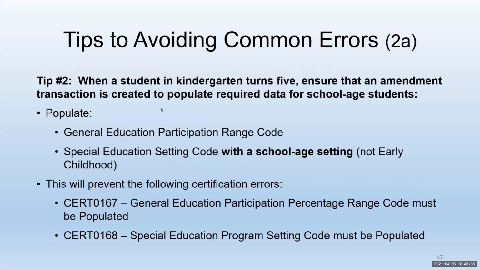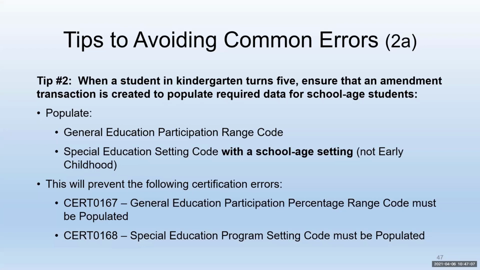Oh, right on. Okay. Tip number 2: when a student is in kindergarten and they turn 5 years old, make sure that you are creating an amendment transaction to populate required data for school-age students. The U.S. Department of Education put out specific guidance for students who are in kindergarten and age 5. They have to be in a school-age setting.